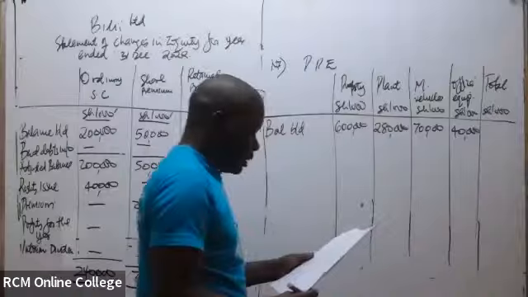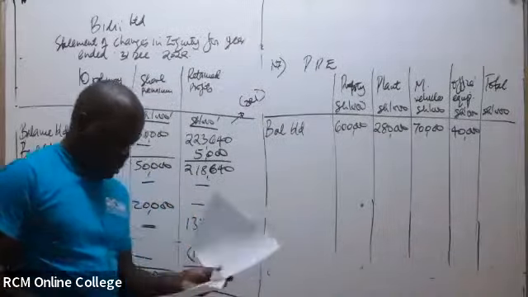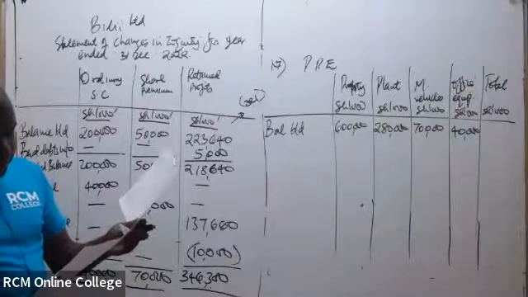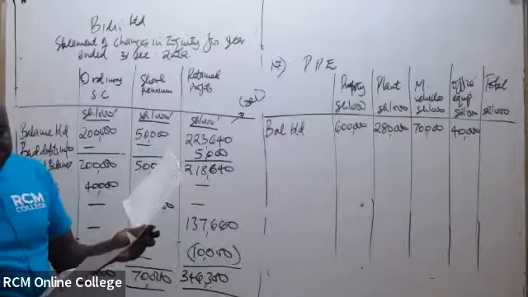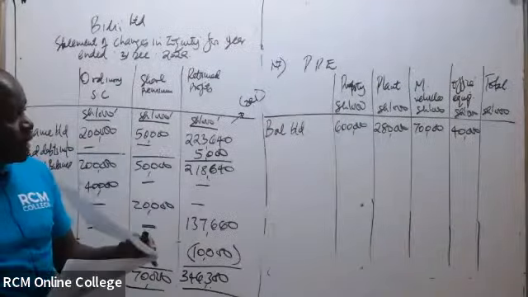So we must be able to adjust by having to less the accumulated depreciation.